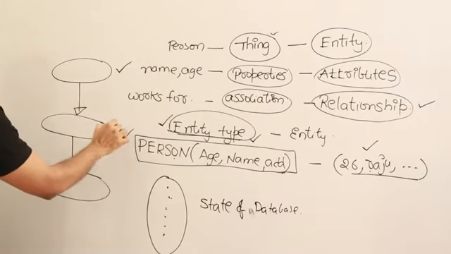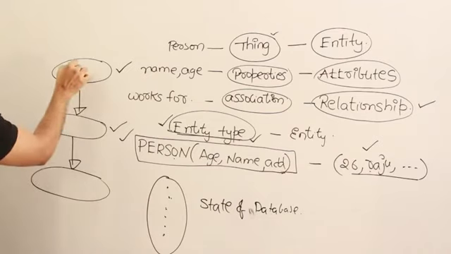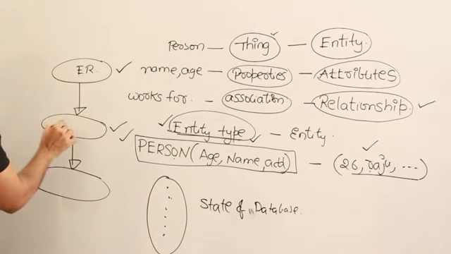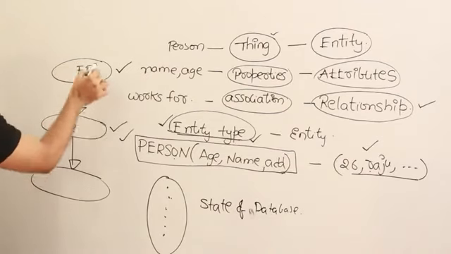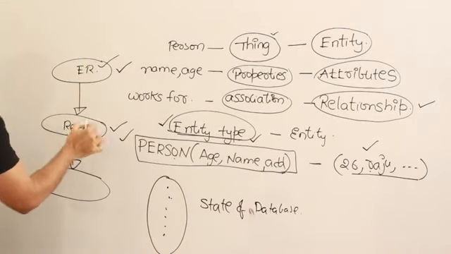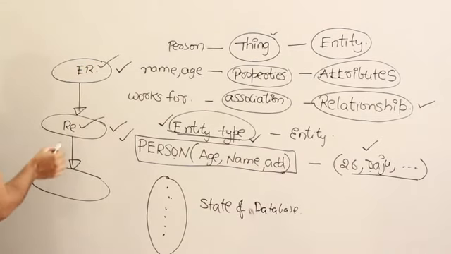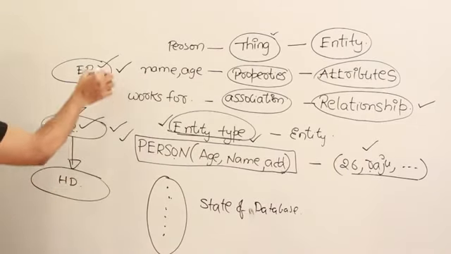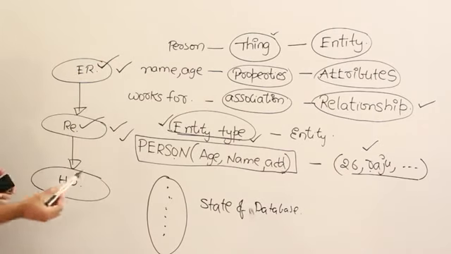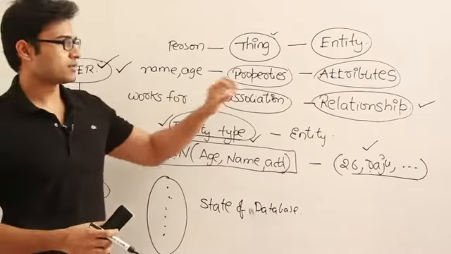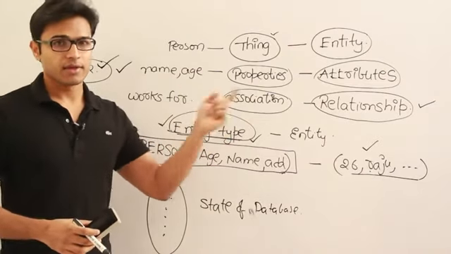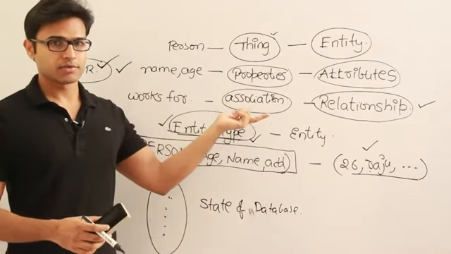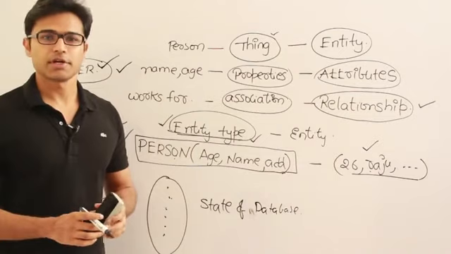Next we'll go for the representational design. So now we are going to use ER diagrams. Later we are going to take these ER diagrams and convert them to relation tables, and later we are going to take the relation tables and obviously store them on the hard disk, right? Implementation. Let's see in depth about each one of these. Once you understand them well, the conversion of these ER diagrams into relation tables is going to be straightforward. Okay.